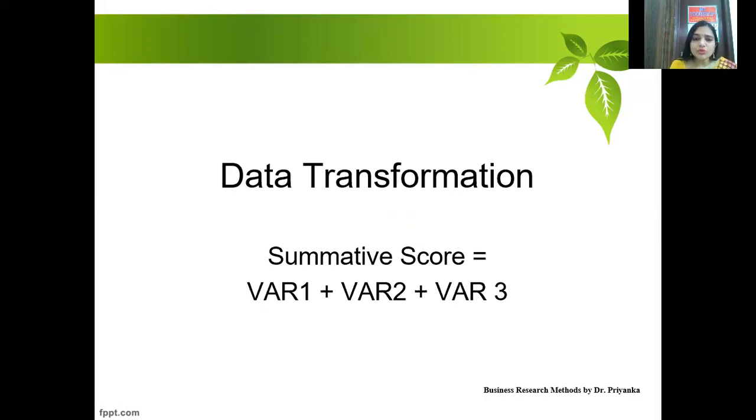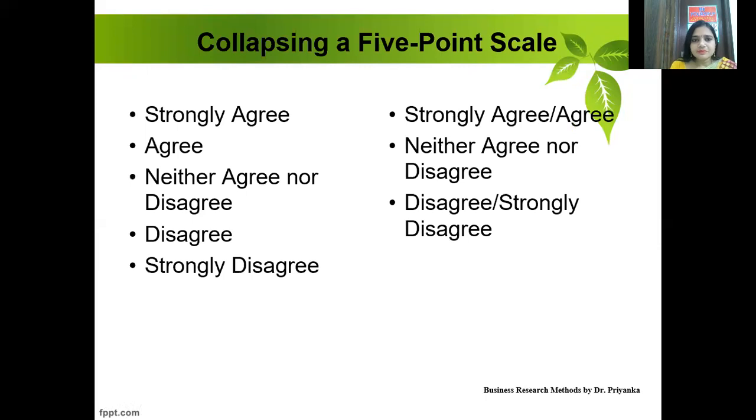For example, you might check their social, economic, and environment reporting separately, but you feel that they are not giving very good results, or you might see that they are not as valuable as the total CSR. So you might take a summative score of 1, 2, 3, or n number of variables. That is also a kind of data transformation.